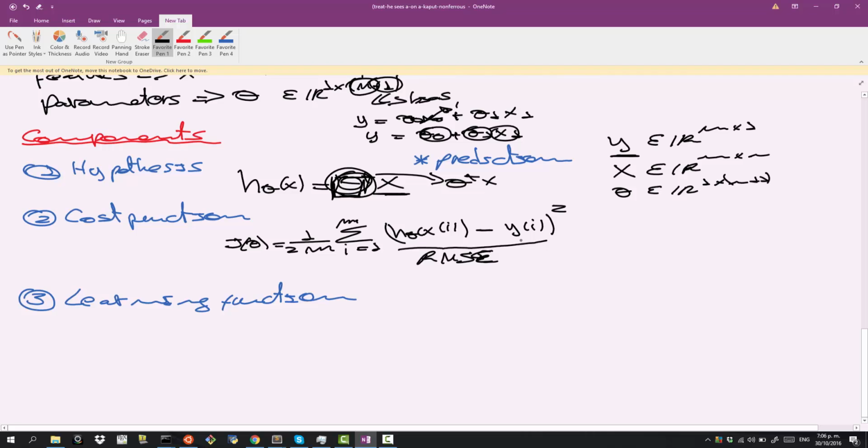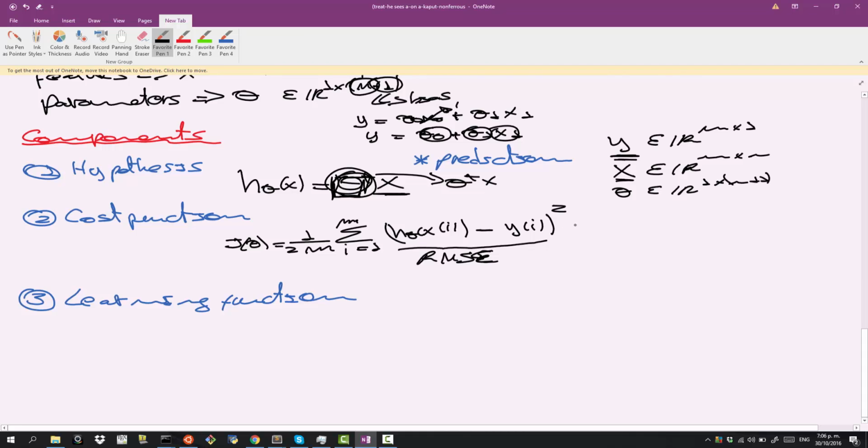Now with this root mean squared error, we can quantify how much our theta variables differ from the actual x and y.